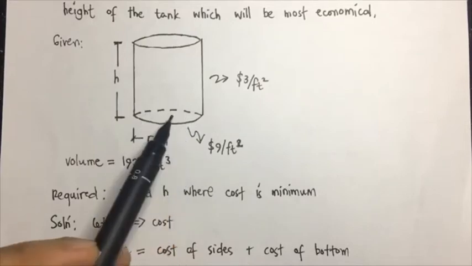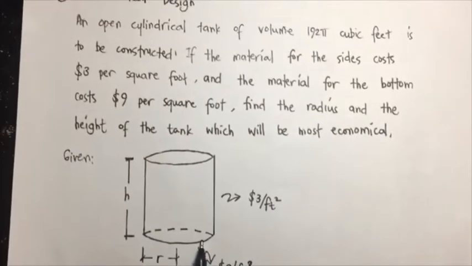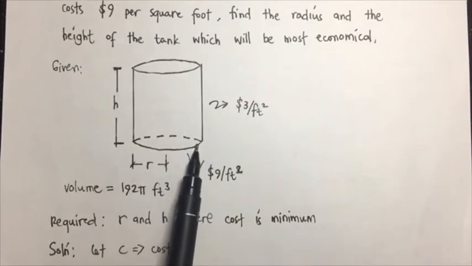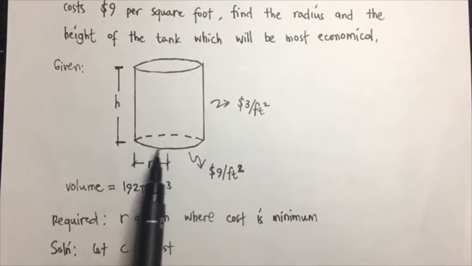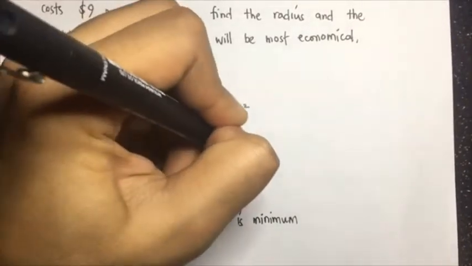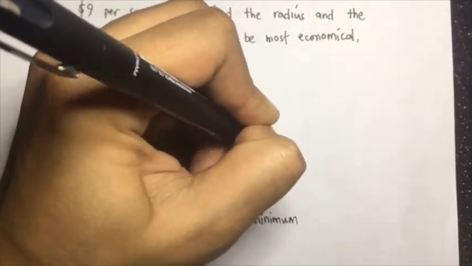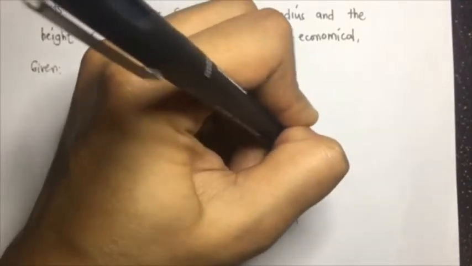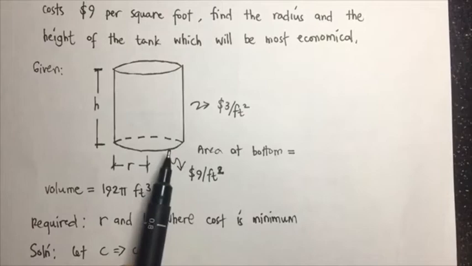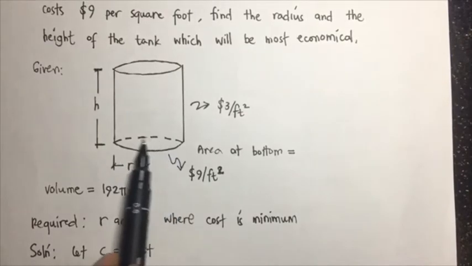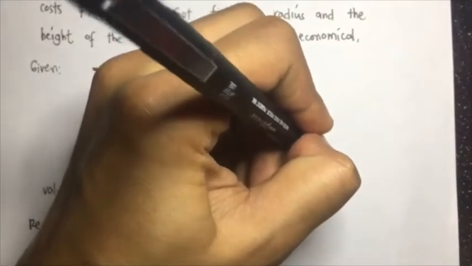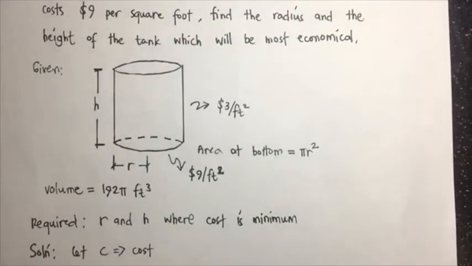Since this is a circular cylinder, the area at the bottom will be equal to the area of a circle. The area of a circle given radius r is pi r squared.